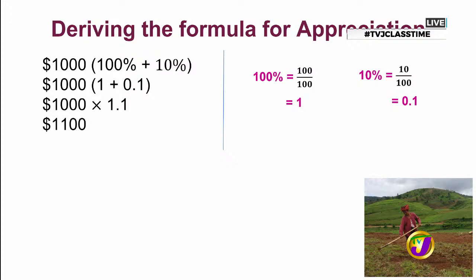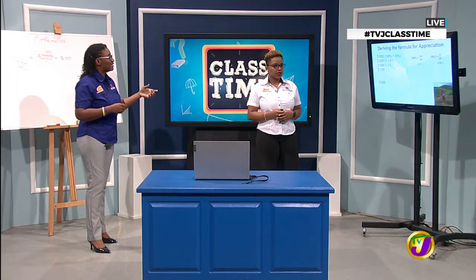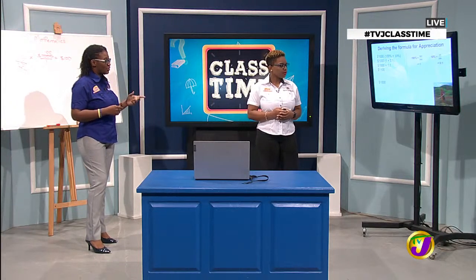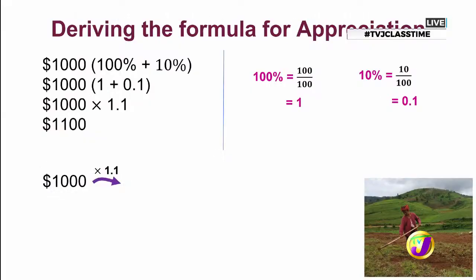Cool. Now, you mentioned something earlier, that throughout the calculations you noticed that we kept adding on that 10%. So we started with 1,000, as we're seeing on screen. We multiplied by 1.1, and we got 1,100. We did.